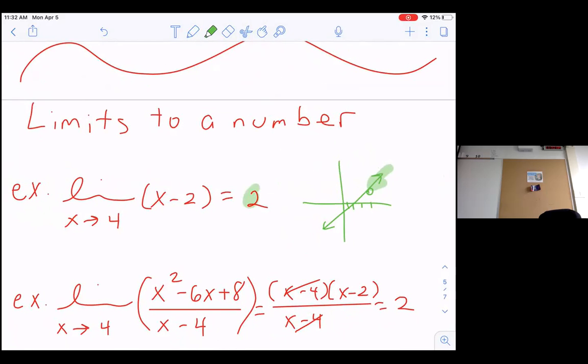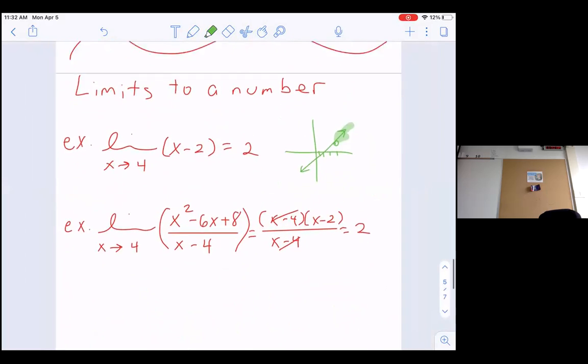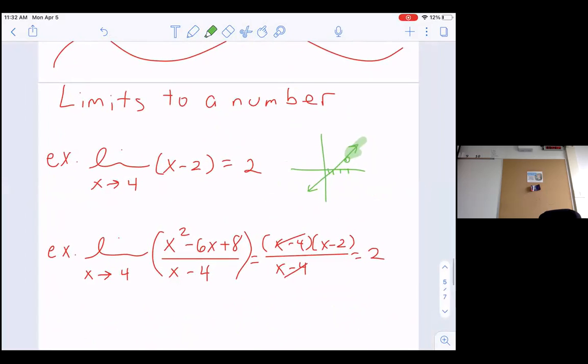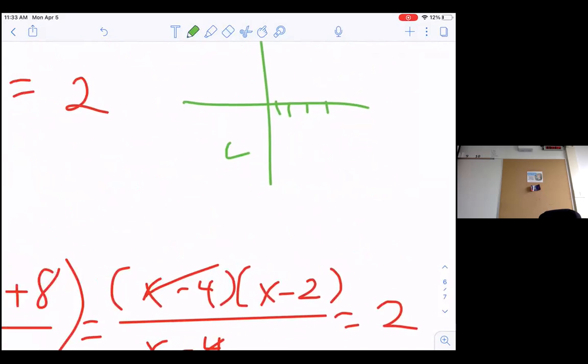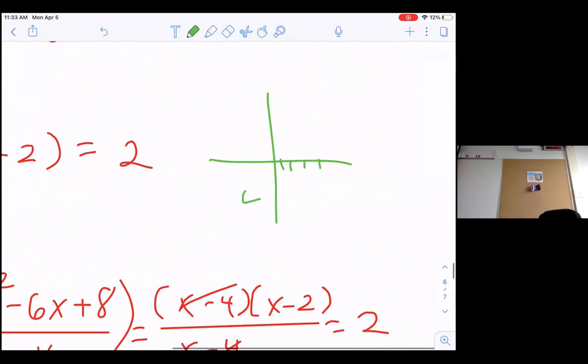The only difference between that problem and the one below it is, remember when we did rational functions and when a factor canceled out, we talked about the fact that that makes a hole in the graph. So the graph is the same. It's still this line here, but it has a hole there.